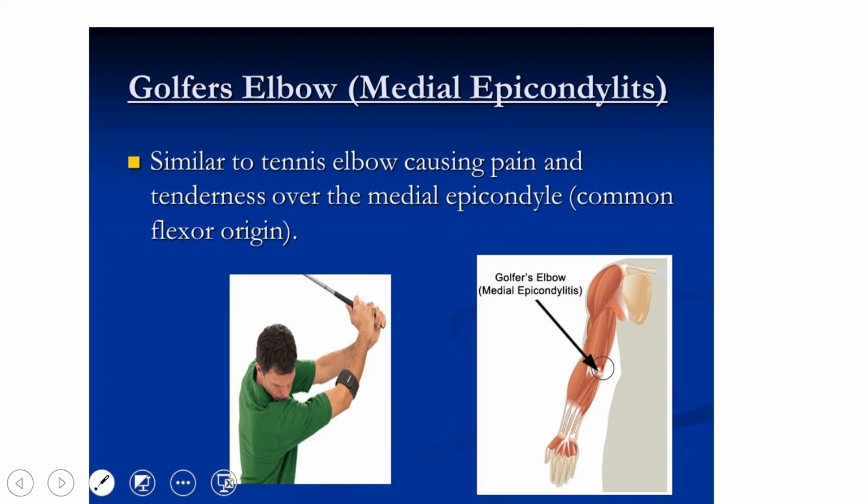It is more or less similar to tennis elbow, where the patient complains of severe pain and tenderness over the medial epicondyle, due to injury or inflammation of the common flexor origin. So this is called medial epicondylitis or golfer's elbow.